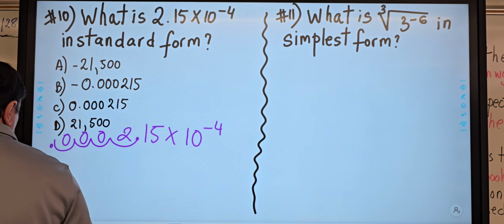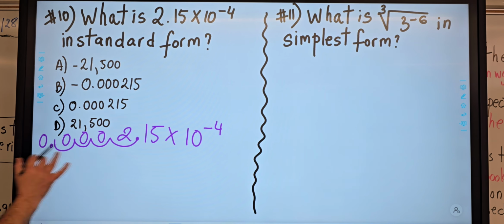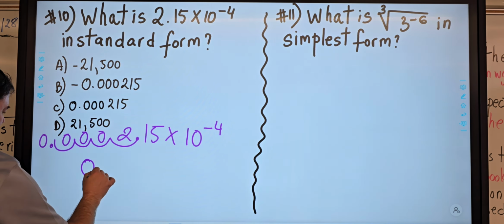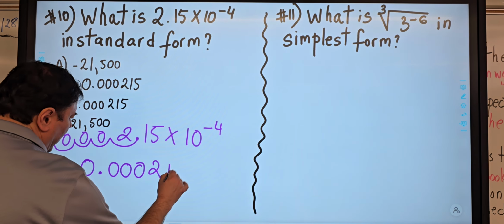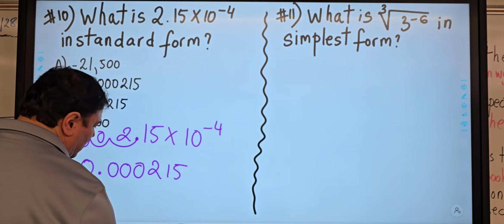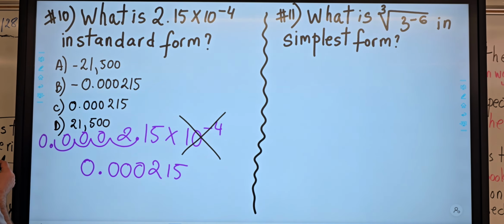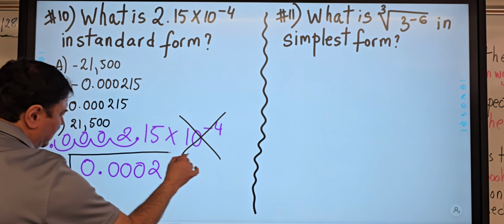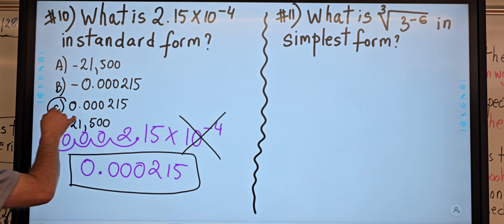This is a decimal point. And then we're going to have another 0 here at the end. So the final answer here will be 0.000215. And of course, the answer is C.